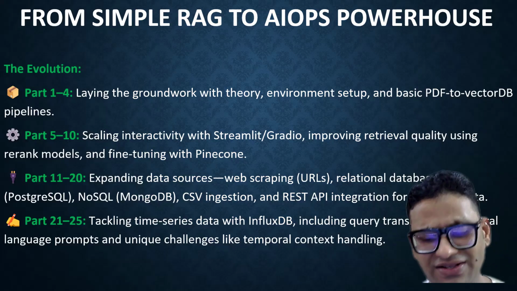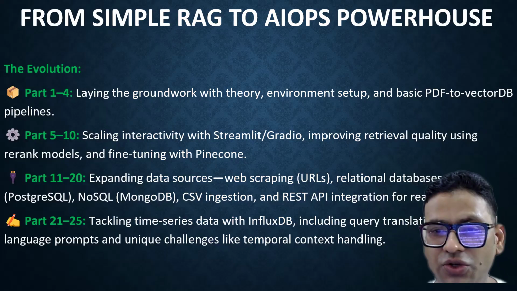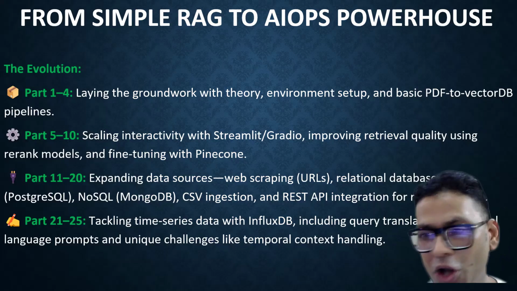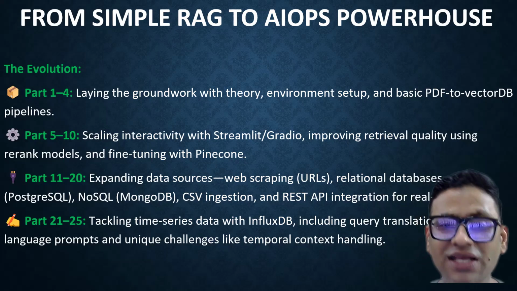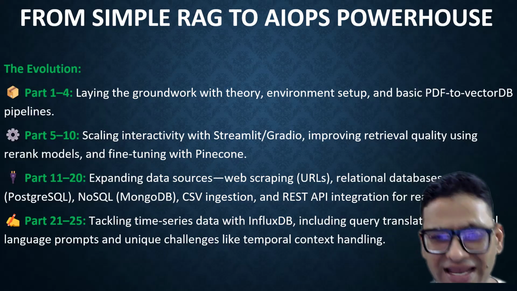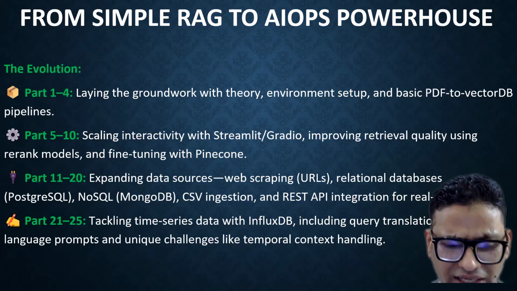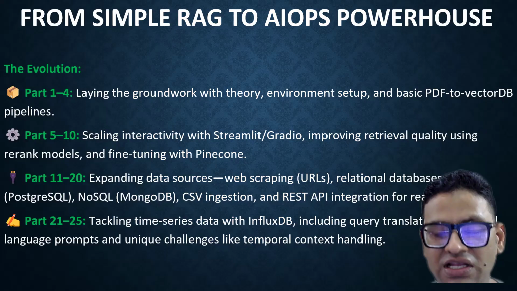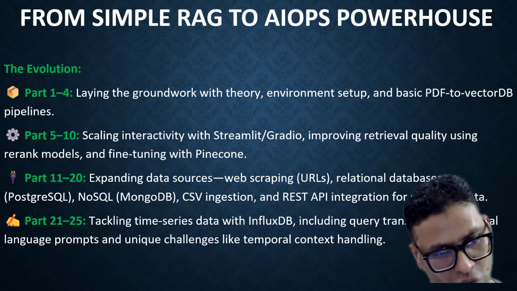And then we had a set of parts where we created a UI on top of our core logic, where we can not only upload and load the data to the vector DB, but also ask questions to the LLM. And in that, we also added a re-rank model, which increased the accuracy of our context content, since earlier we were depending only upon the vector similarities.